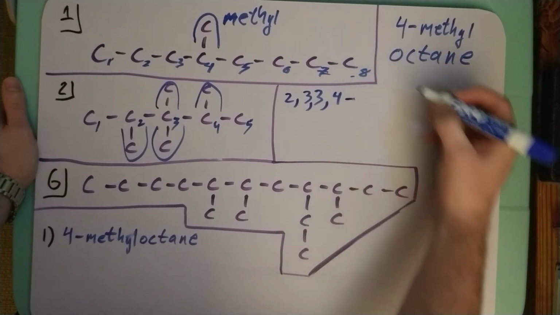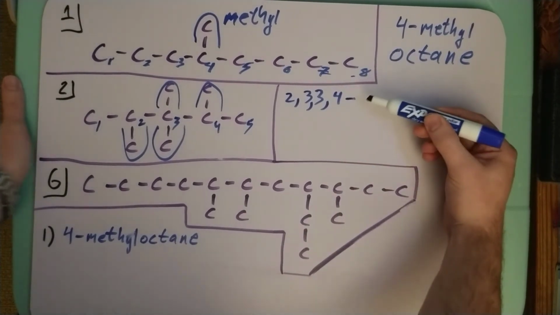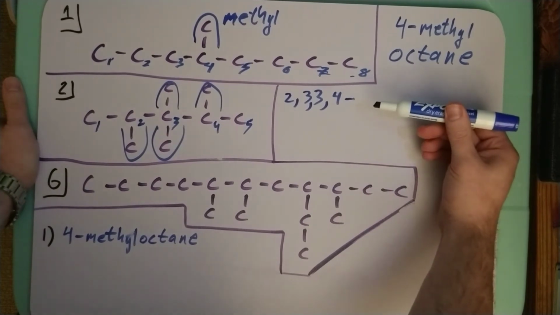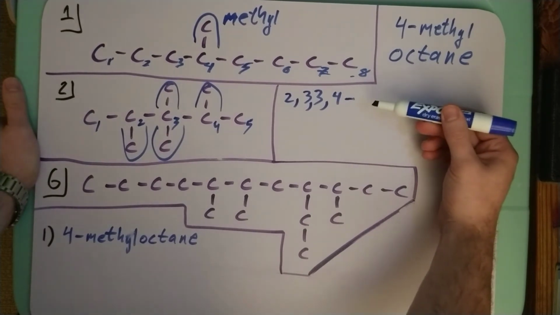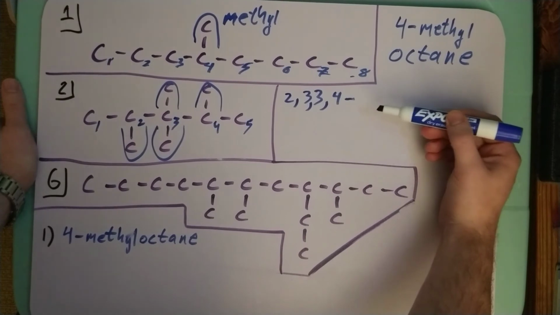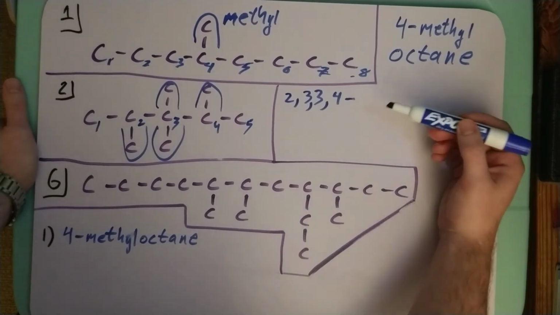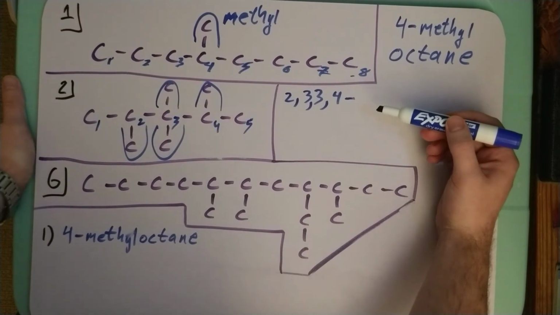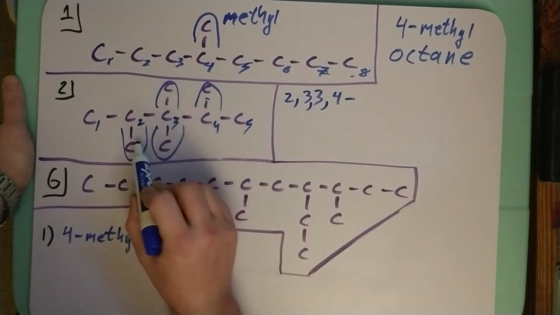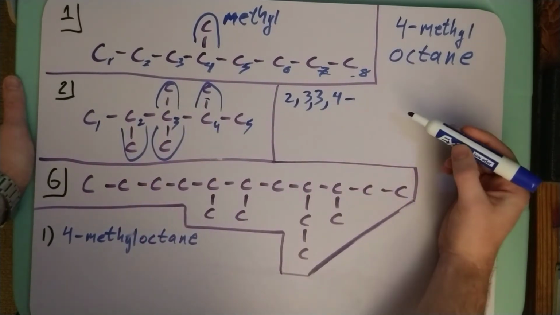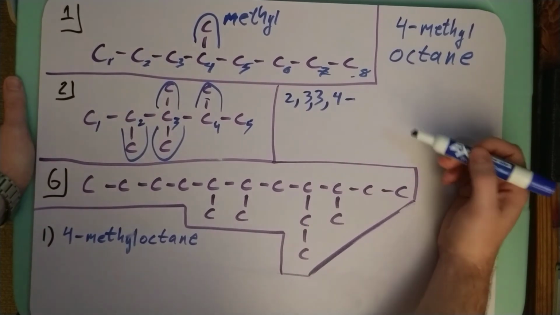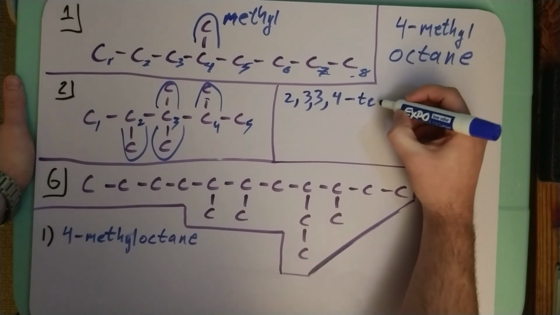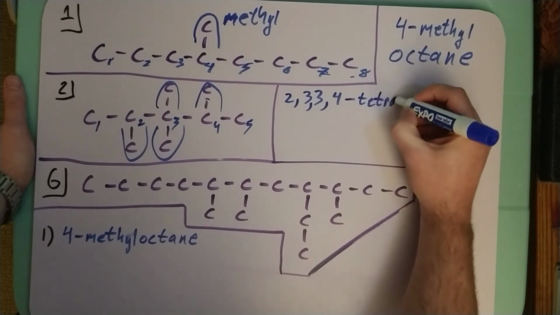Then a hyphen. Now, because we have multiple methyl branches, we have to put a prefix on our methyl. This is the same prefix that we use in normal covalent naming. So, we have 4. So what prefix is 4? Well, it's tetra. So this is 2, 3, 3, 4-tetramethyl.